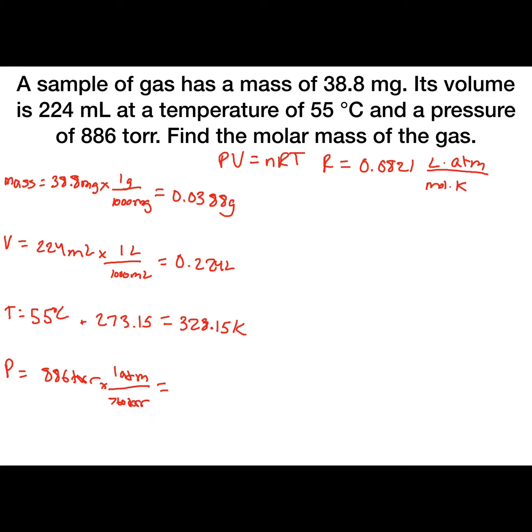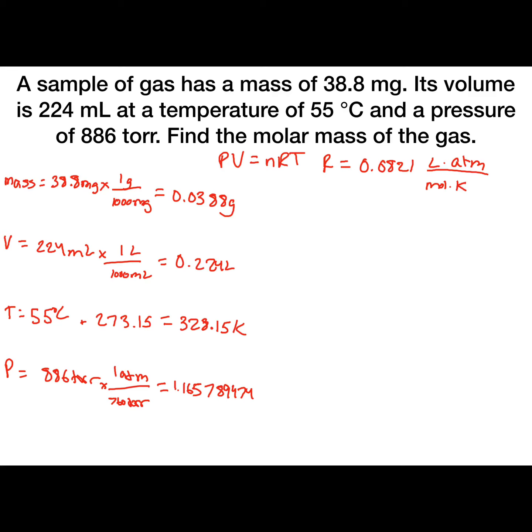So our ATM pressure is going to be 1.165789474. And I'm not worrying about sig figs just yet, so that's why I have a long number going on here. Okay, so now we can find our moles.